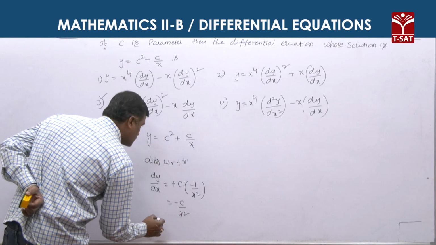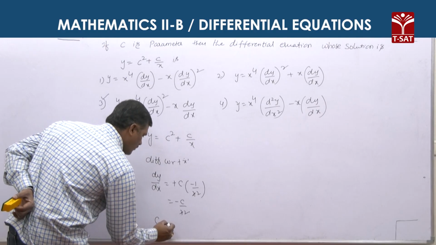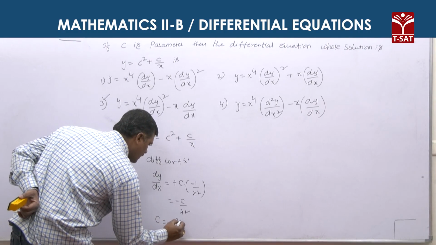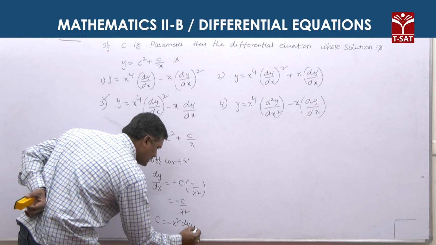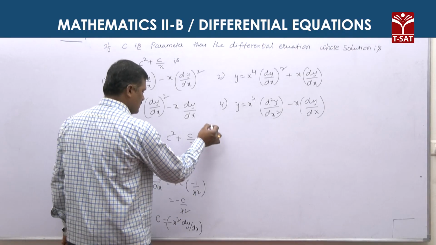Therefore c is equal to minus x square into dy by dx.